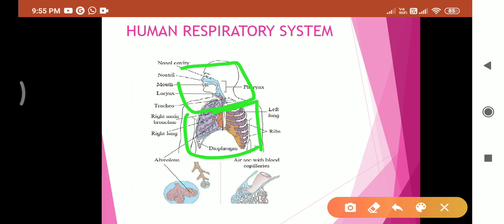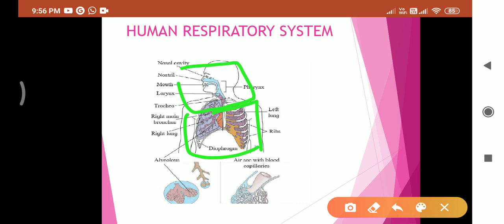The upper respiratory system includes the nares, nasopharynx, nose, throat, and these associated structures. That is the upper respiratory system, right?